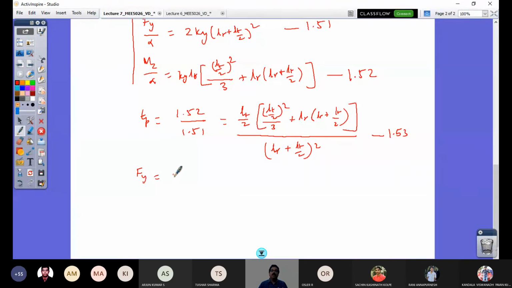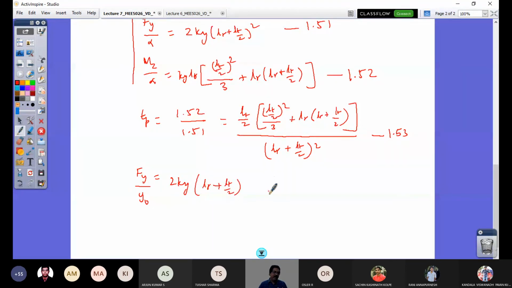Fy is 2 Ky y naught into Lr plus Lt by 2, we have. So that y naught, if I bring it to this side, it is going to be Fy by y naught. So y naught is the lateral deflection of the non-rolling tire when I apply this lateral force. So that's going to be equal to 2 Ky into Lr plus Lt by 2.